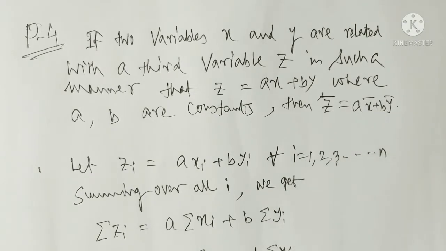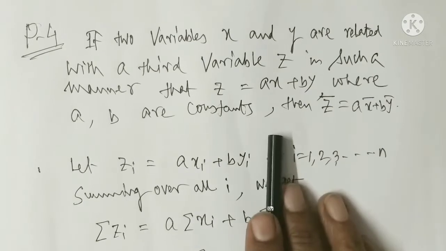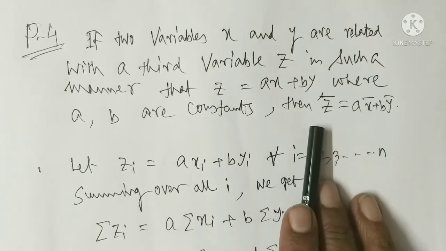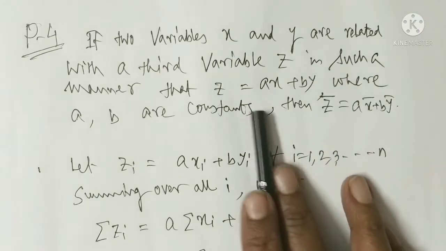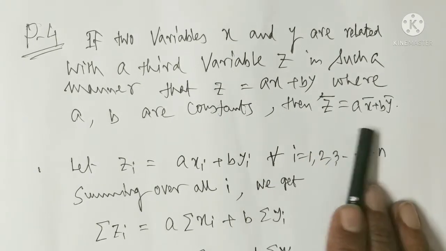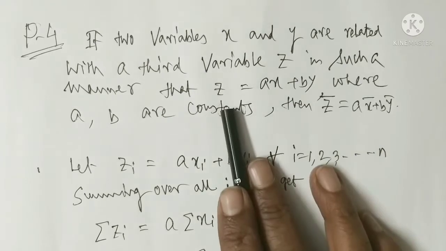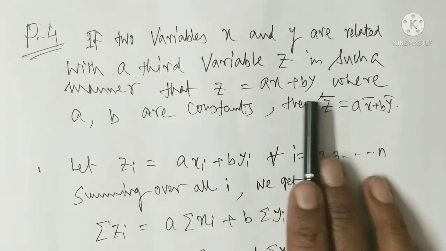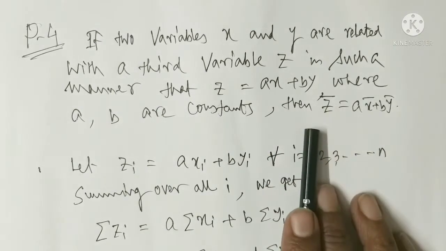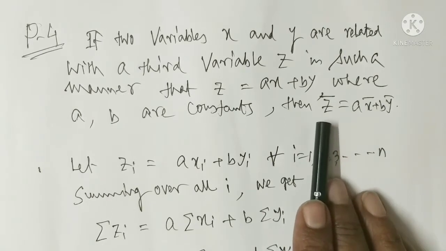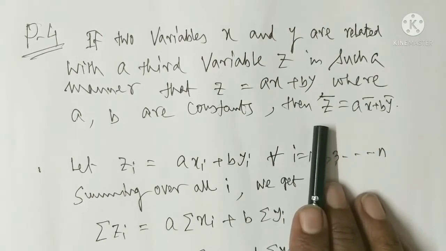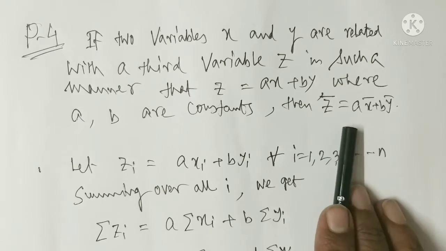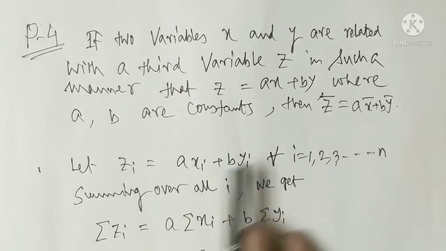Here it is clear to everybody that variables are under the average operation, constants are not. a and b are unchanged; z is the variable, x is the variable, y is the variable. Therefore, by arithmetic operation we get z bar equals a x bar plus b y bar.